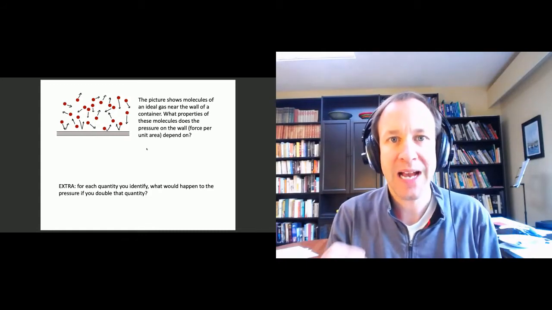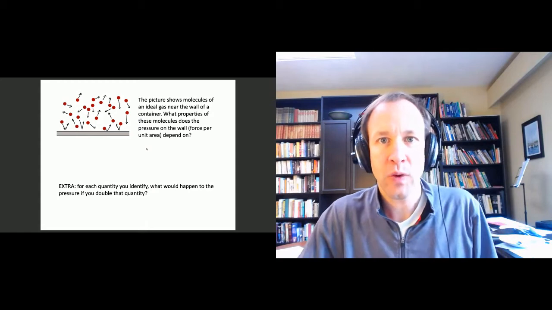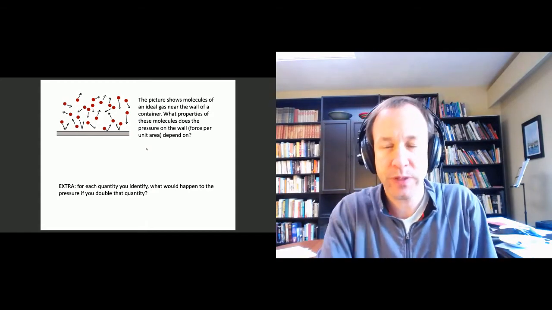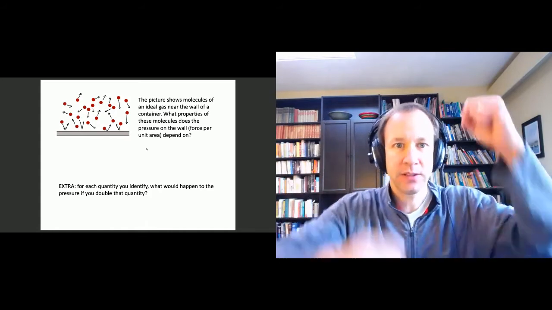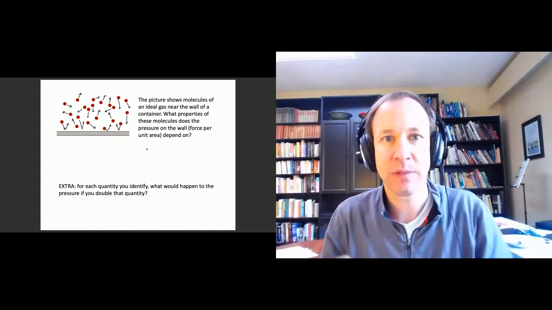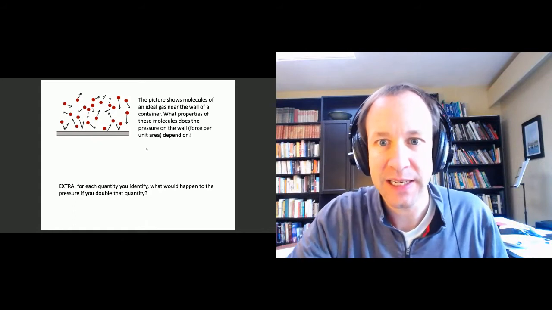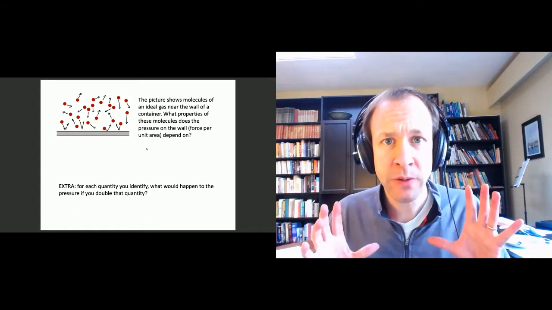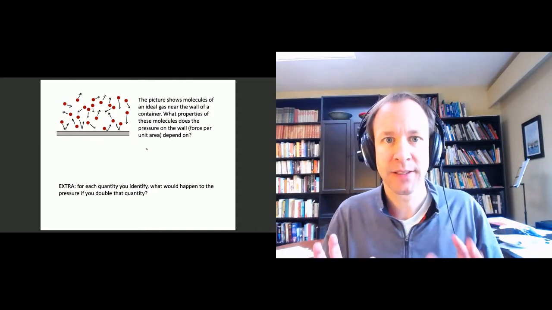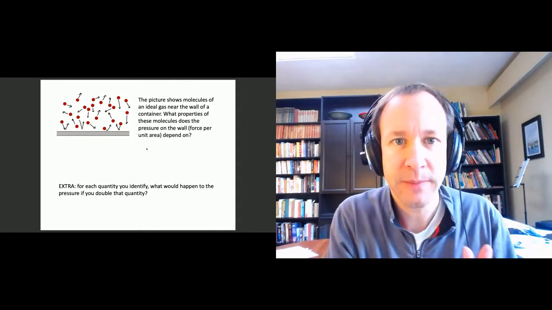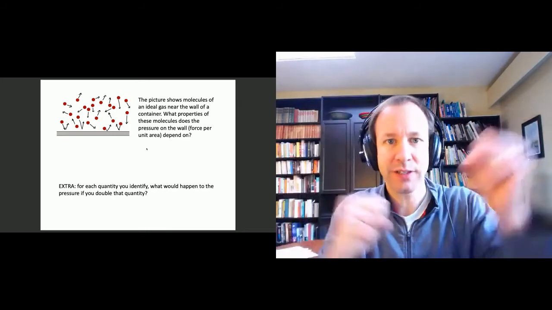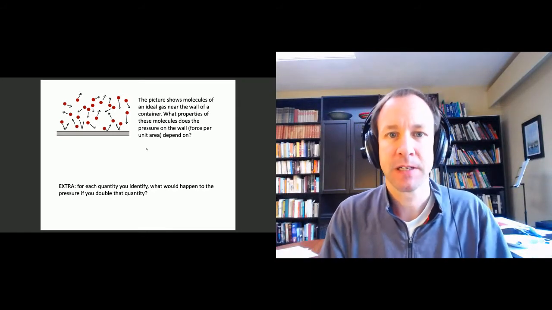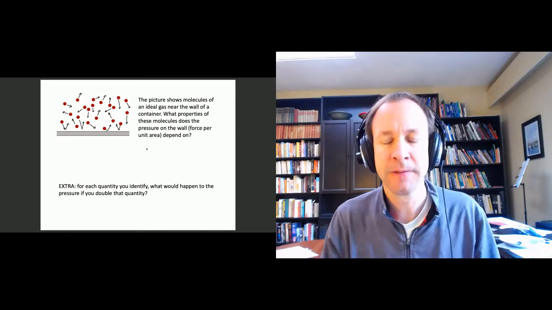So I want to go back to this molecular picture where the force produced by a gas, or the pressure produced by a gas, is really due to all these collisions of the gas molecules with the walls of a container. And so what I want to understand is, how big is the force going to be for a certain collection of gas molecules with certain microscopic properties? This is what we want to derive here.